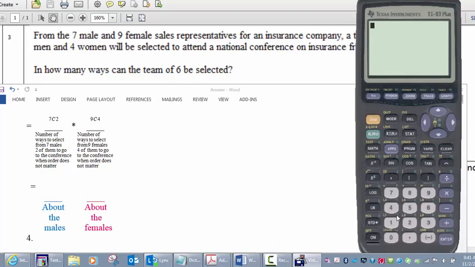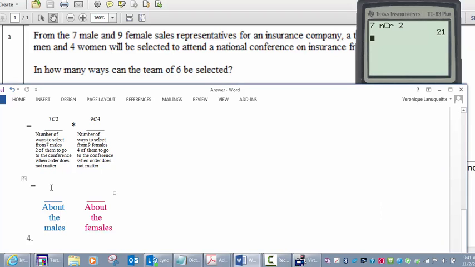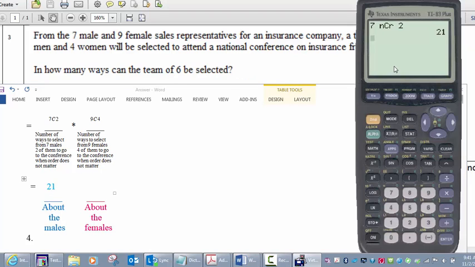So let's say we wanted to enter a 7C2, which is a value of 21. So let me put that in here. So that's going to be 21. And then let's go ahead and put a 9C4, which is a value of 126.